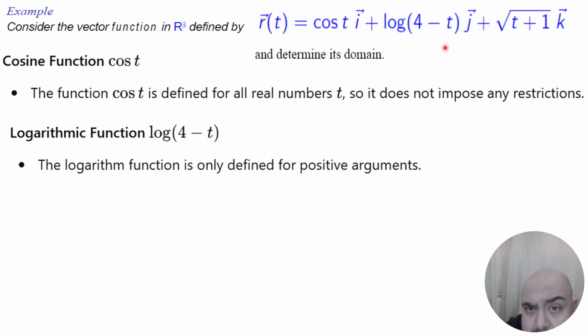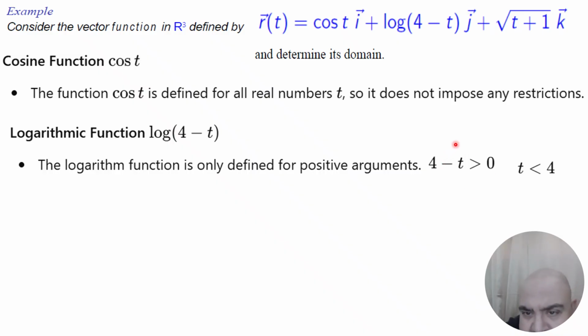But for the logarithmic part, log of 4 minus t, its argument, which is 4 minus t, must be greater than 0, which will give a limitation for the domain.